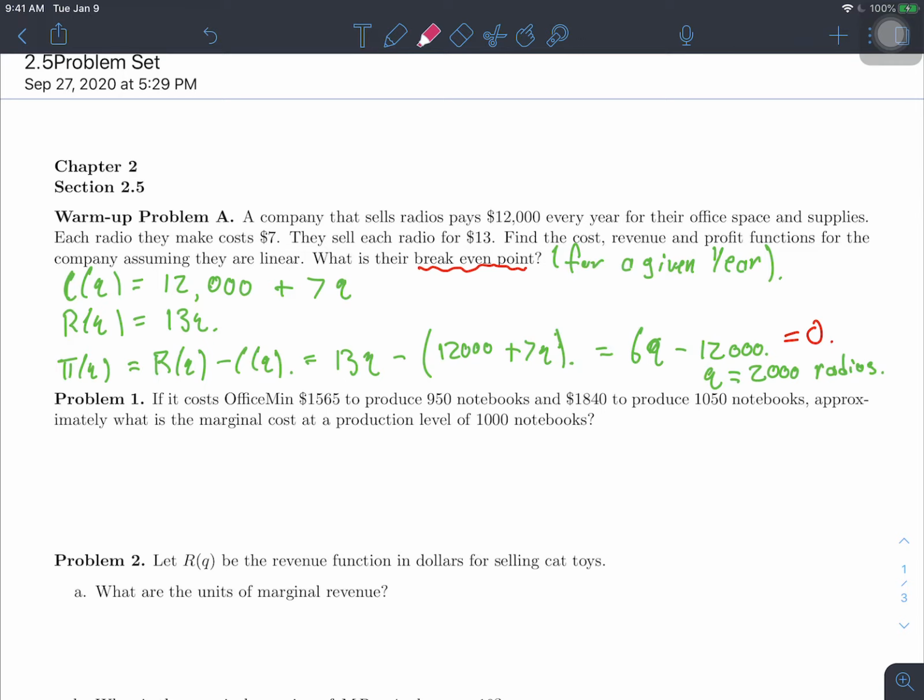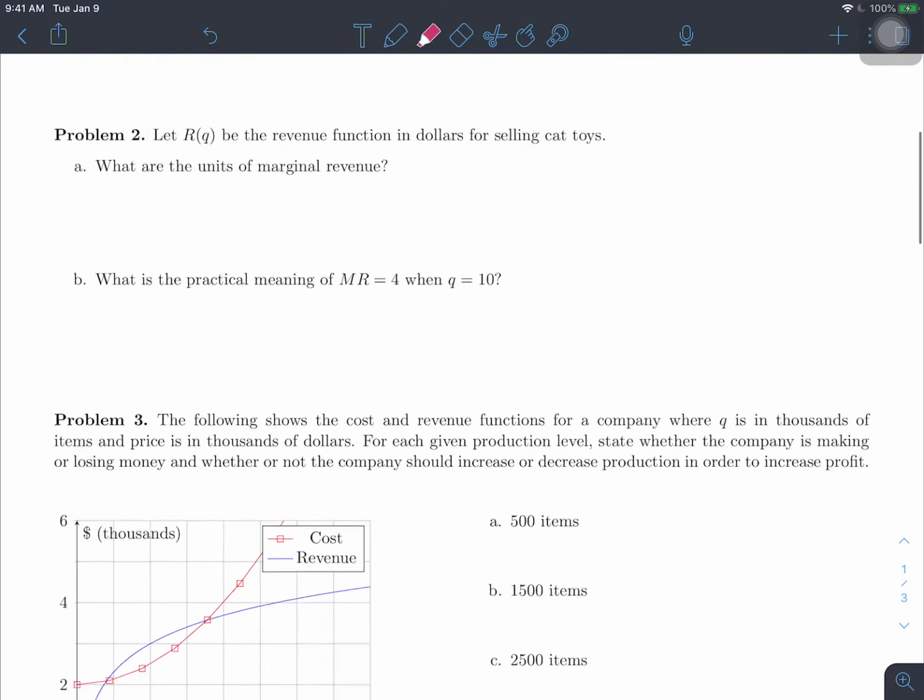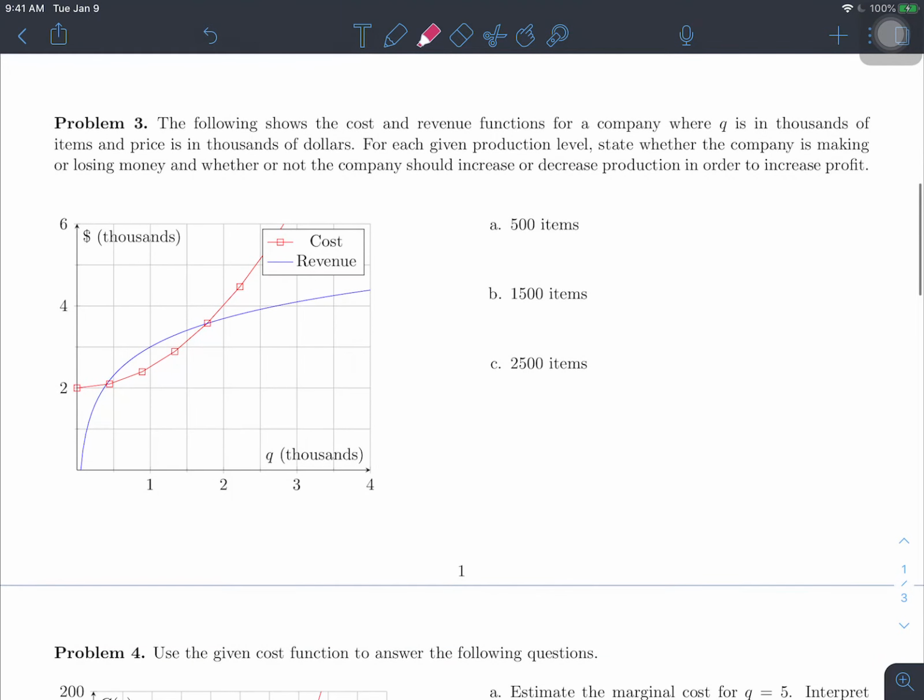We said that if we have a linear cost or revenue function, then the marginal cost or marginal revenue is just the slope of that line, the rate of change of that line. Now we're going to get a little bit more complicated. We're going to look at cost and revenue functions that look like this.